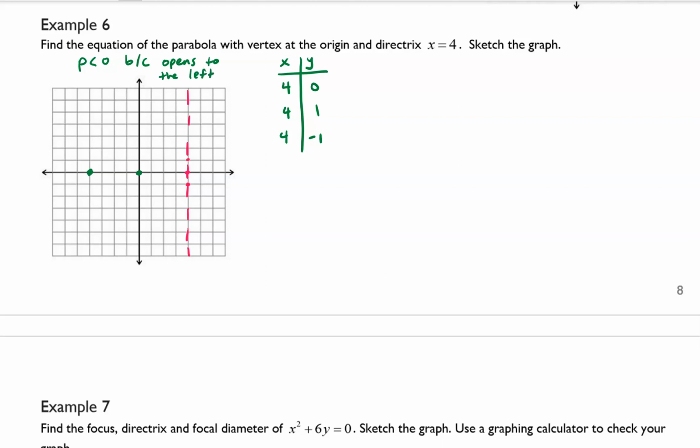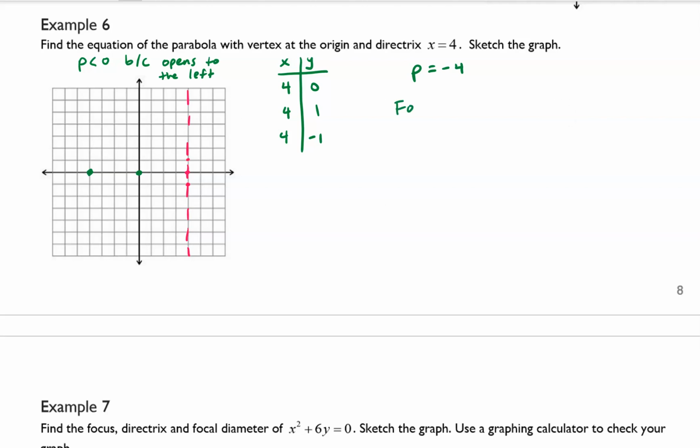And remember that p is basically the distance between the vertex and the directrix, or the distance between the vertex and the focus, which both of those are 4. So we just need to make sure that we are indicating that p equals negative 4 since the parabola is opening to the left.